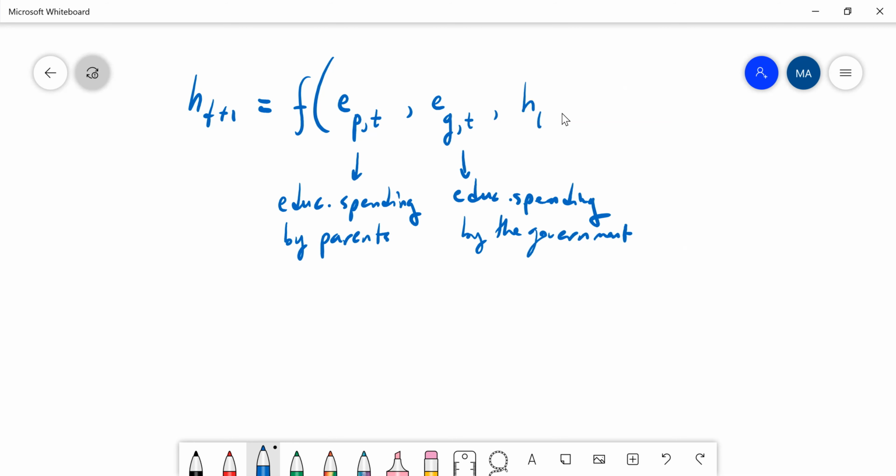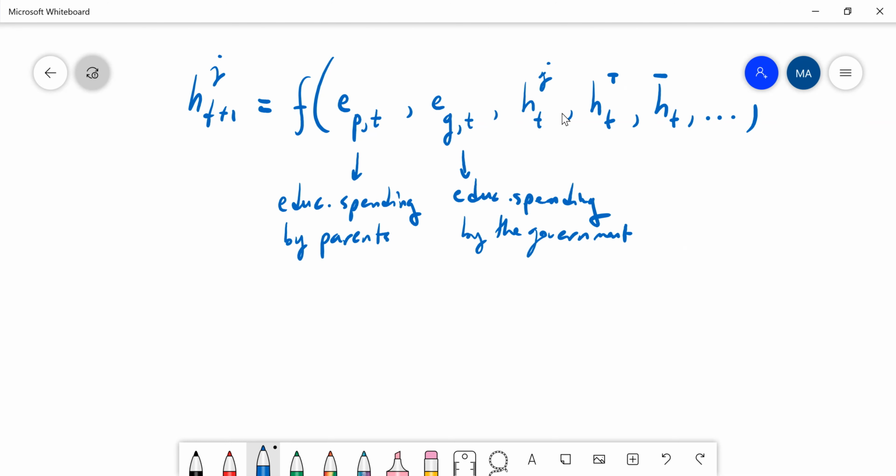Let's say this is family J, okay? This is the human capital of parents. This is the human capital of the teacher, okay? And this is the average human capital of the society, okay? And you can add other stuff as well, okay?